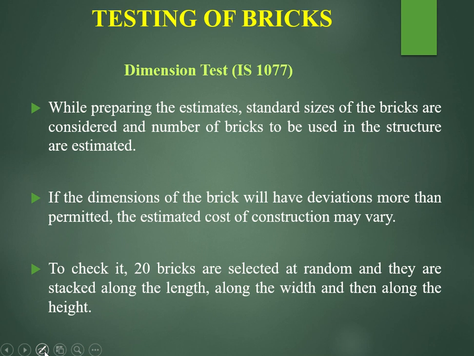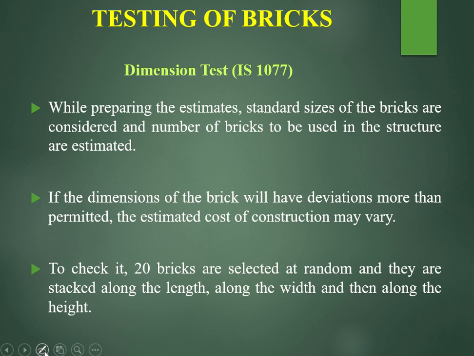Hence, we may require more bricks, more mortar, and sometimes even a change in our drawings. This may completely disturb the bond or the pattern we designed earlier. Hence, one has to take care regarding the dimensions or tolerance.